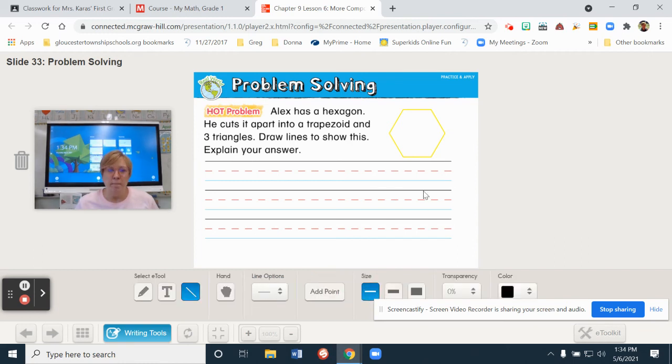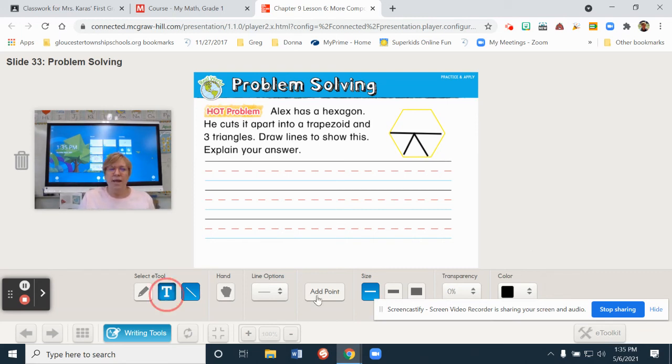I'm going to take my line and I'm going to cut it in half so that I have a trapezoid. Okay. Now I have to make 3 triangles, and we were playing with this. Do you remember when we were figuring this out? Okay, so I'm going to go from here to here. There's 1. And then I only have to draw 2 lines, and there's my 3 triangles.